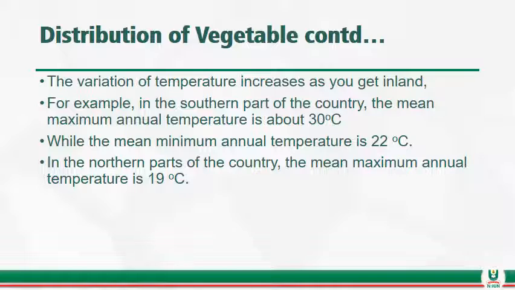The variation of temperature increases as you get to the inland. Yes. For example, the maximum temperature in the south is 30 degrees centigrade, the maximum annual temperature, while the minimum is 22 degrees Celsius.